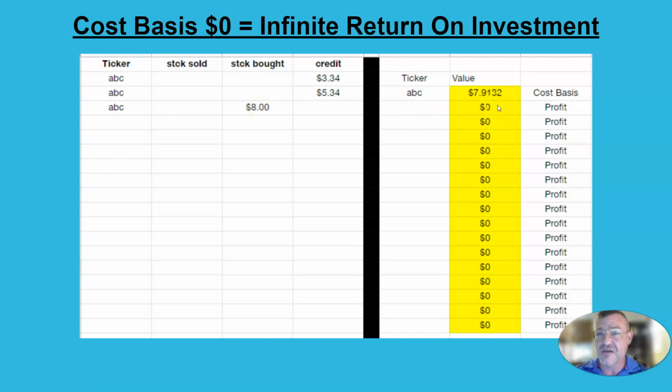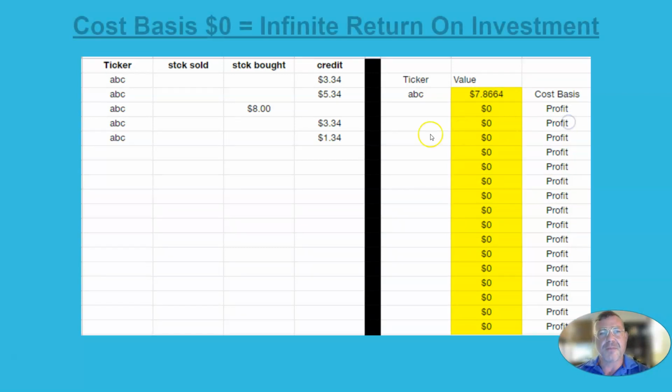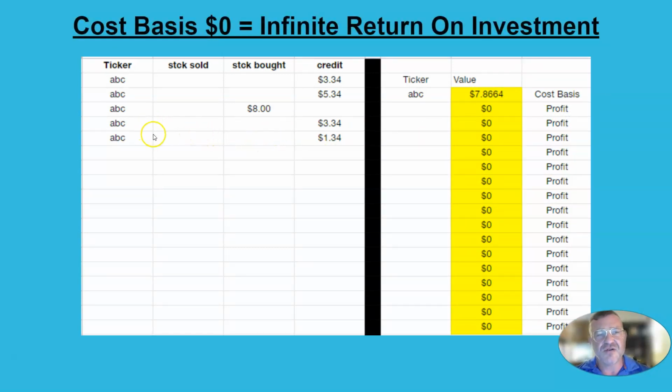But look at this. $8 minus $3.34 minus $5.34. Now it's obviously $8 times 100 shares. So this is calculating it, and ultimately right now your cost basis is actually a little less than $8. It's $7.91.